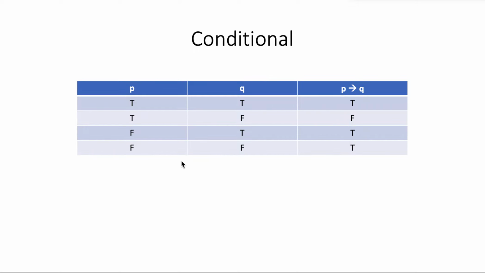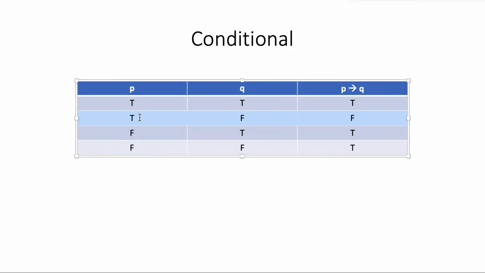The conditional, okay, has true when both P and Q are true, and it has false here. It only has false once.